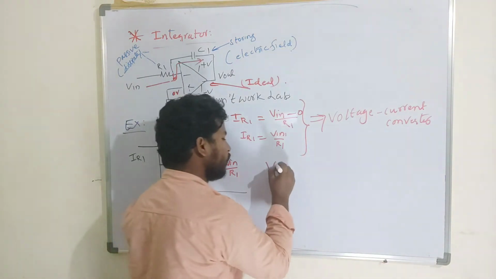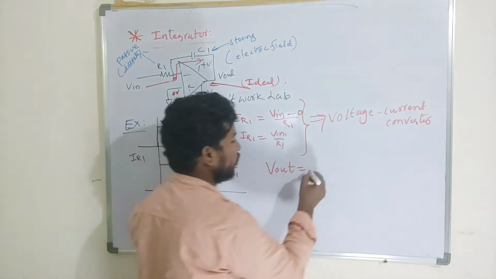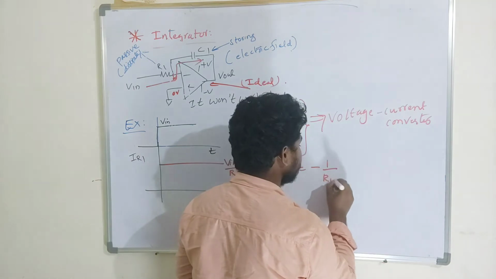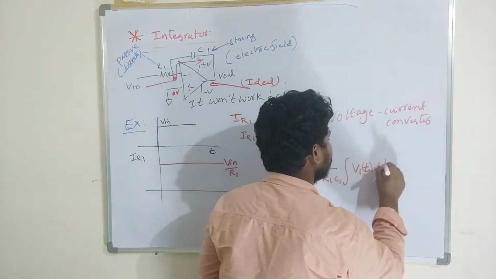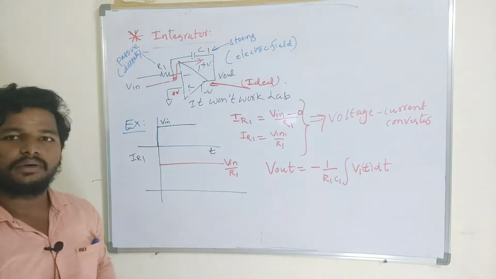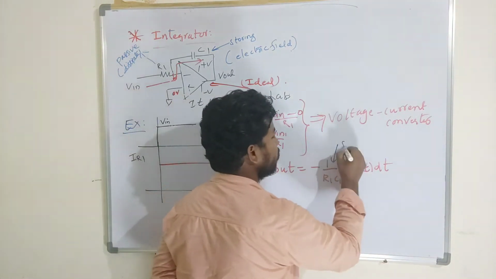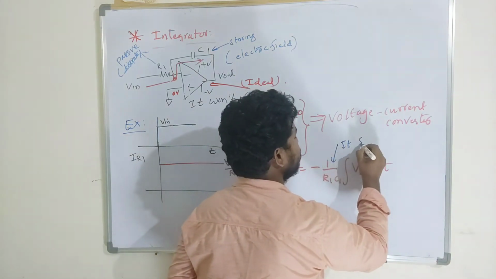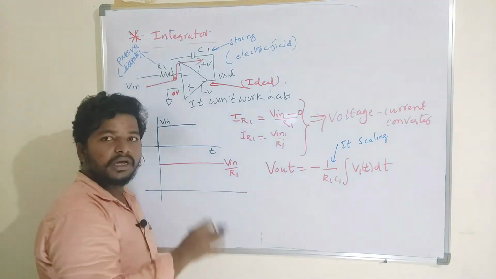We also discussed the integrator equation, 1 by R1 C1 times the integration of V1 of t dt, which we derived in the last video. It is a scaling factor, reducing the amplitude by 1 by R1 C1.